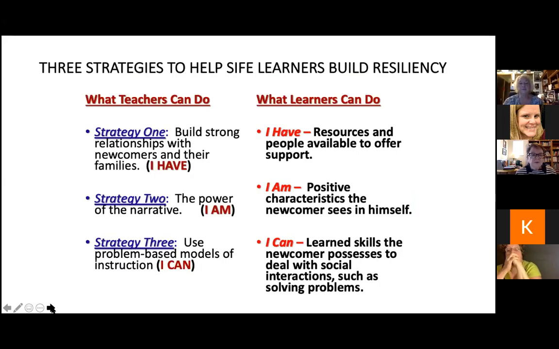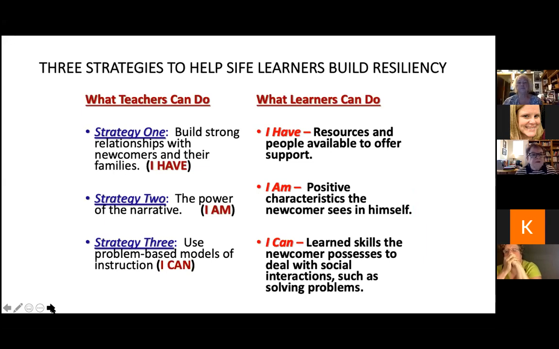And so one of the people that did some research, and this research was originally for native English speakers, and it has been adopted or adapted for English language learners. Her name was Edith Grotberg, and she did some work in the Netherlands. If you just Google her name, you'll find her study.